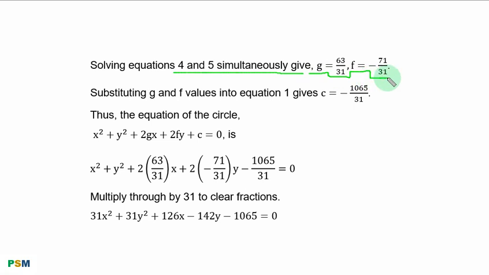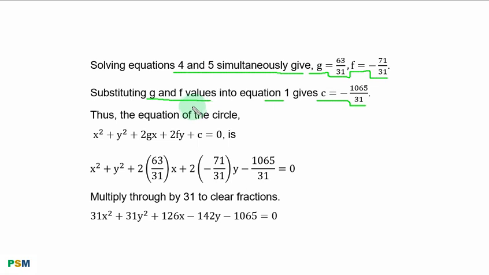In order to get c, you have to substitute g and f values into any equation. I'm using equation 1. When you do that correctly, c is equal to minus 1065 over 31.